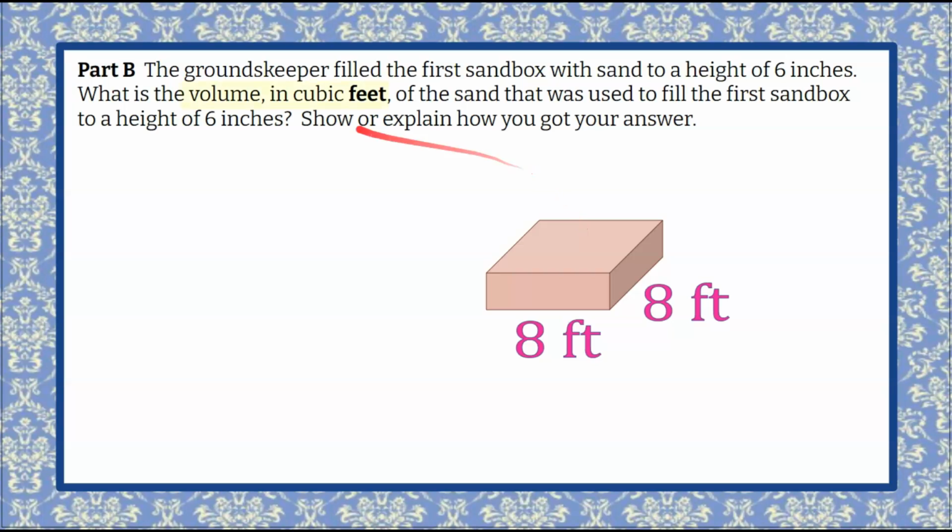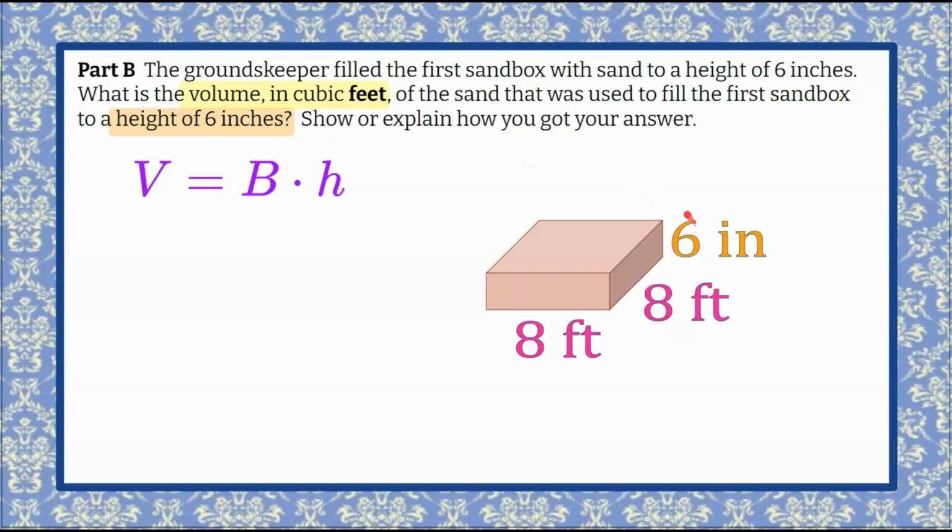Welcome back. We are finding the volume in cubic feet of this square sandbox. We know from our state assessment formula sheet that volume of a prism is equal to B, the area of its base, multiplied by the height. We know that our height is 6 inches.